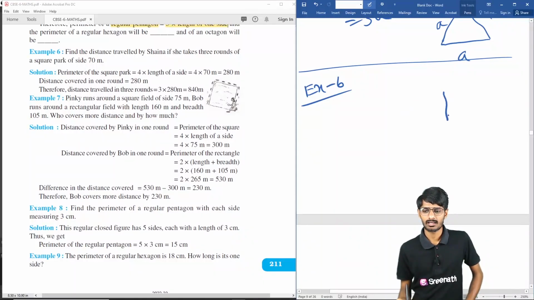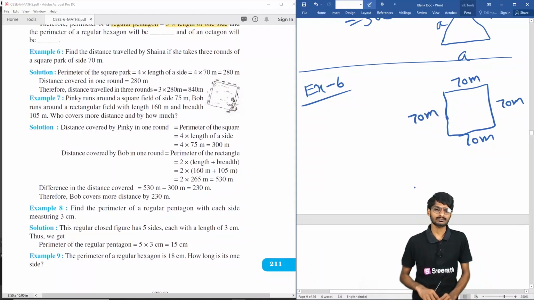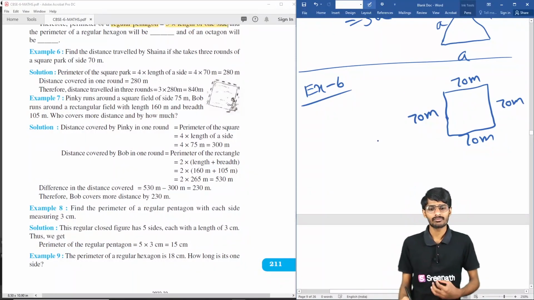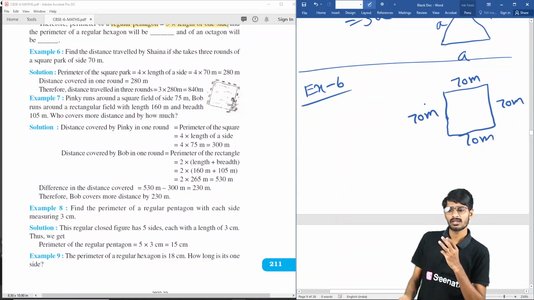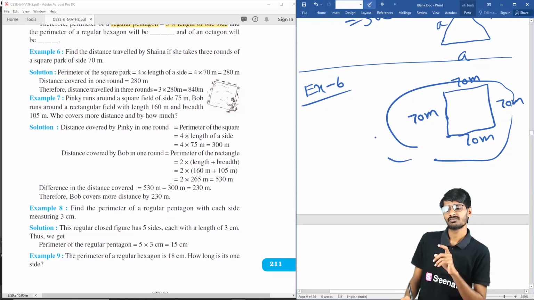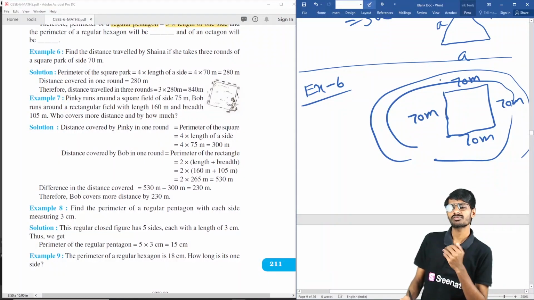Each side of the park is 70 meters. If we take 3 rounds, she started here, went on 1 round, then the 2nd round, then the 3rd round.